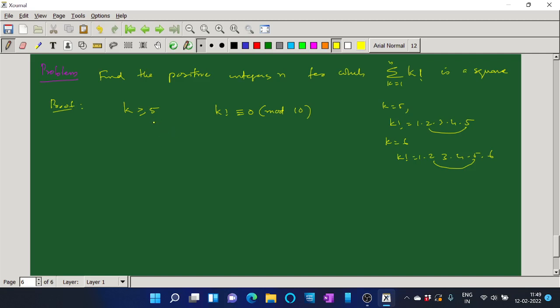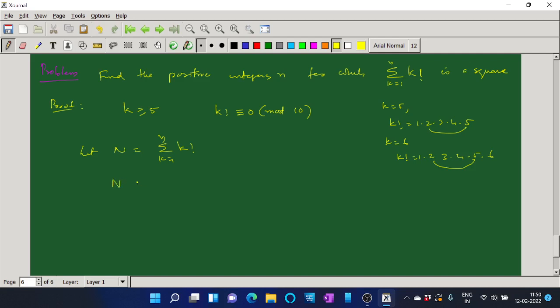And therefore, what is the remainder when k factorial is divided by 10? Let us find that first. What is the remainder when sigma k equal to 1 to n of k factorial is divided by 10? So that is the number we have. Let N equal sigma k factorial, k equal to 1 to n.